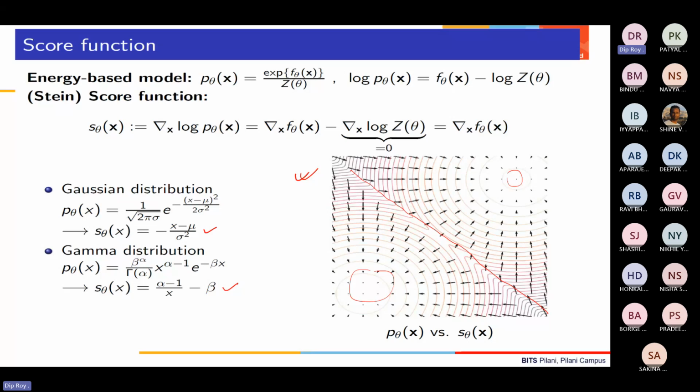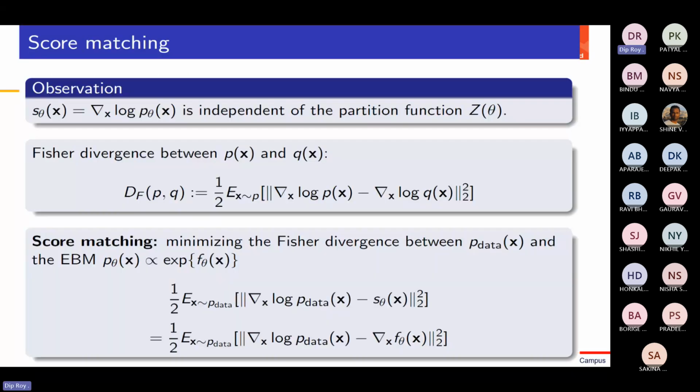Obviously, this was your score function, and it is independent of the z theta, because your z theta got cancelled out when you took the gradient, and it moved to 0.